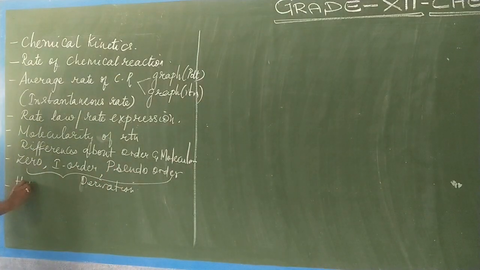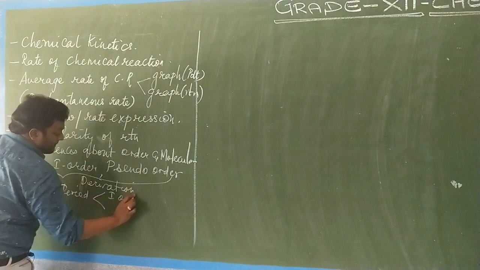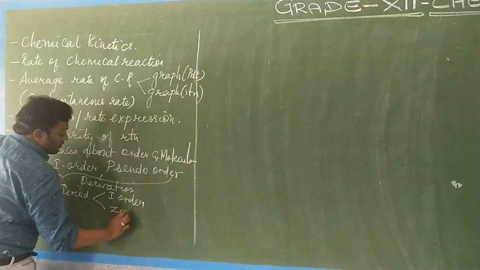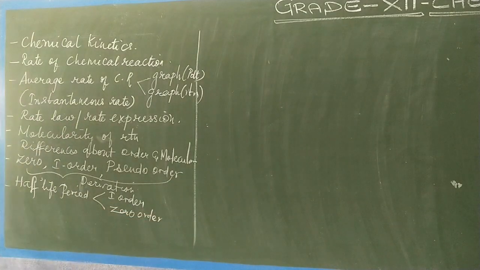Next to that we studied about the half-life period, for both first order and for zero order we studied, isn't it? So these are the topics that we have covered so far.